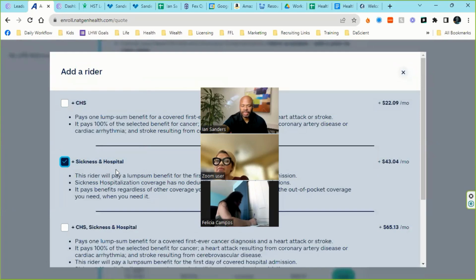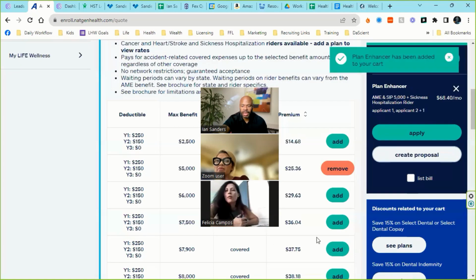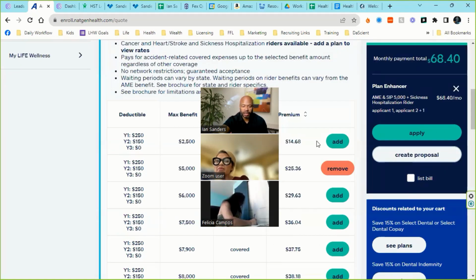And so the sickness in hospital. So what this now allows her to do is anytime she goes in the hospital for anything, that's what it's going to pay out. And it is independent of what plan she has. So even if the out-of-pocket maximum on the plan were $1,000, then she could use the $5,000 to pay that $1,000 and then pocket the $4,000. Make sense so far, guys?